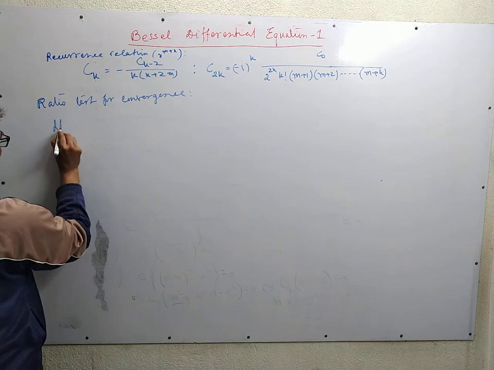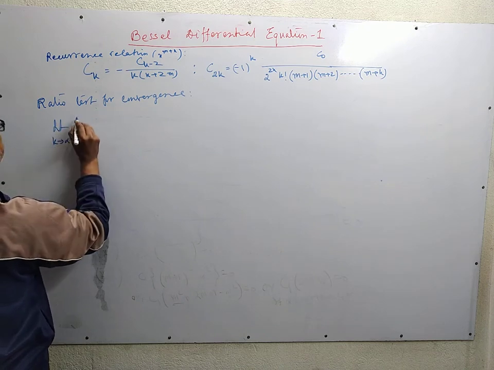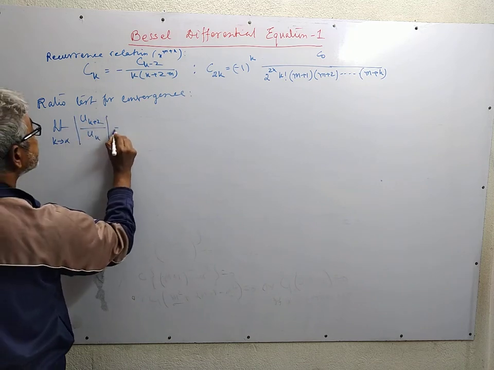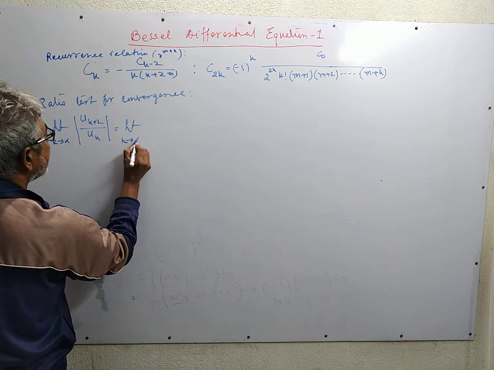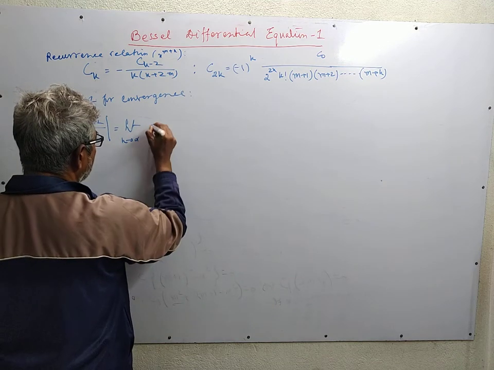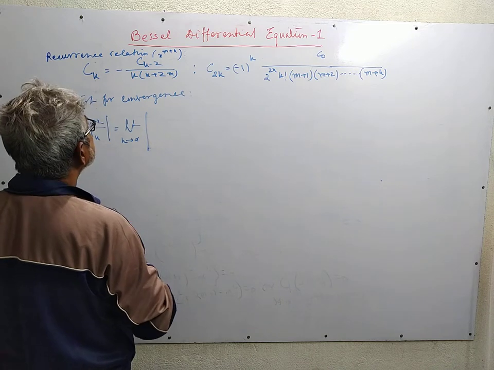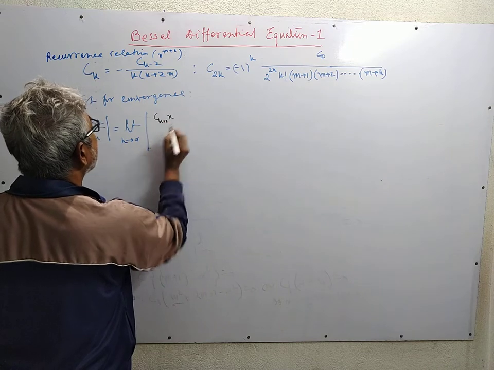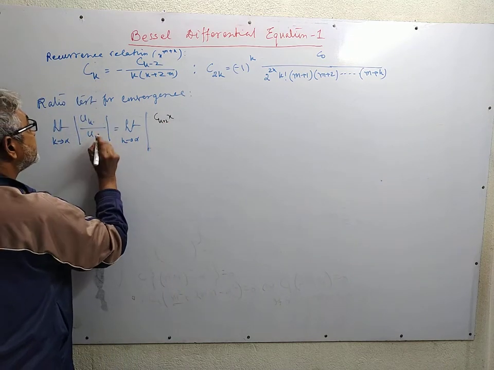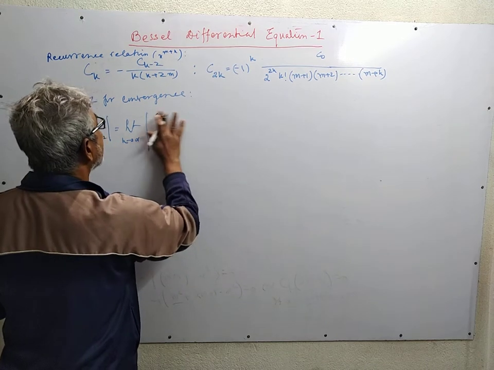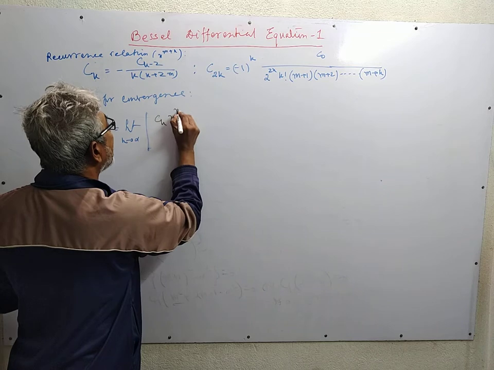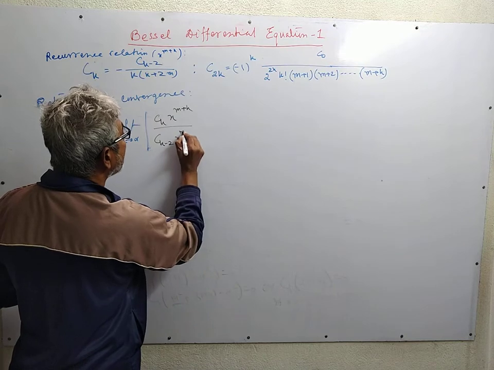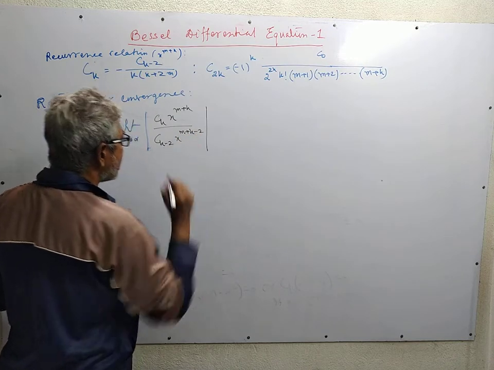We write limit k tends to infinity of u of k plus 2 by u of k, which is limit k tends to infinity of c_k x to the power m plus k over c of k minus 2 x to the power m plus k minus 2.